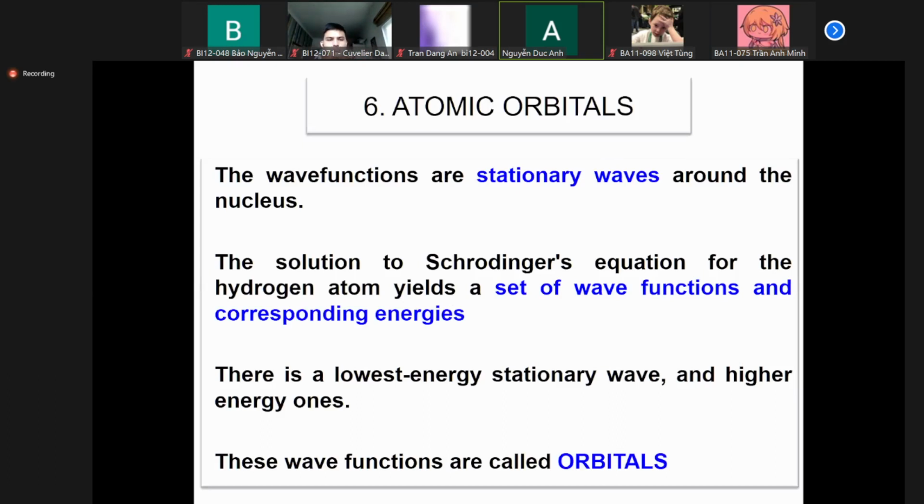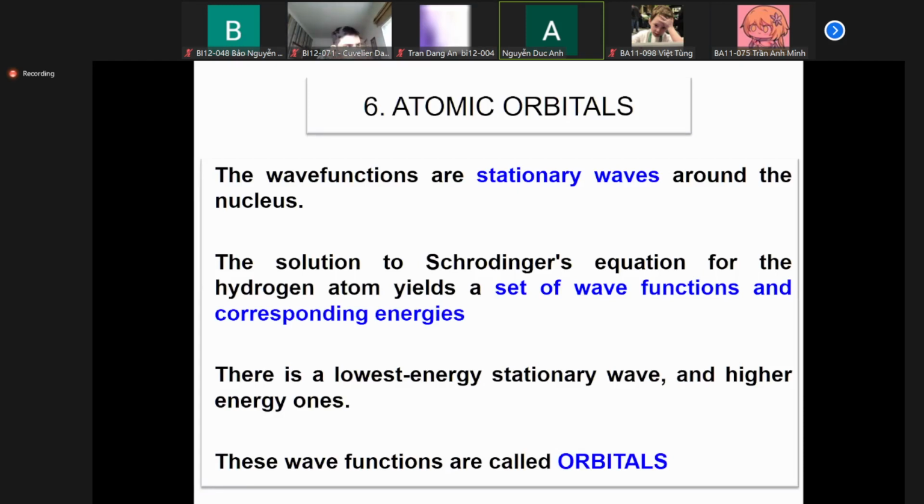So, as I said to you, the areas in which you can find an electron with the highest probability are defined by the wave function. Or in another way, the wave function is a kind of stationary wave around the nucleus, and it gives you the information about the areas in which you can find the electron.